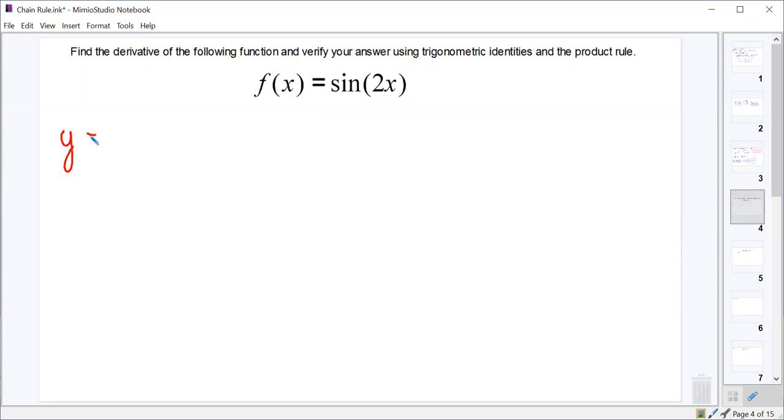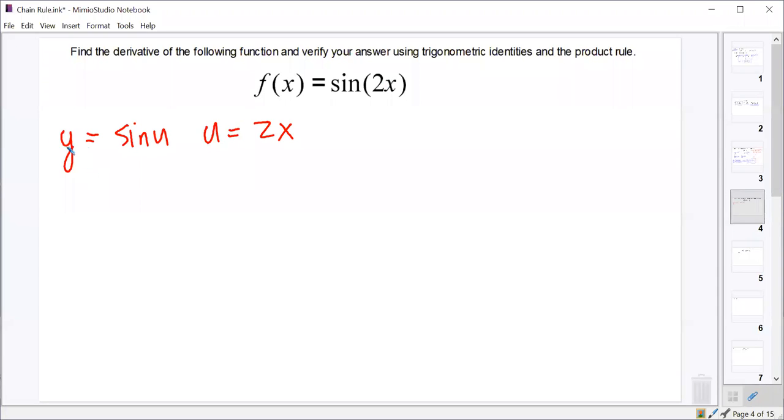If I write this as y equals something in terms of u and u equals something, what should those things be? y is equal to sine of u, u is equal to 2x. Yep, exactly. If I plug in u equals 2x, we get sine of 2x, which is what our original function was.